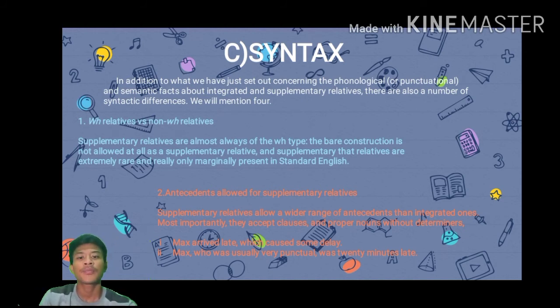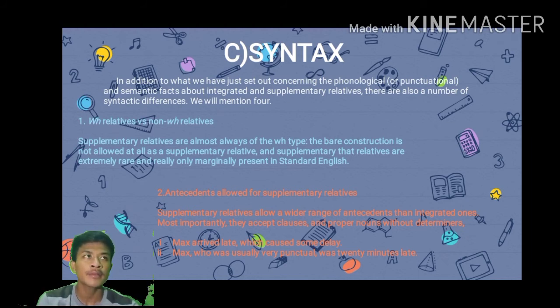In the first example, the antecedent of which is the preceding clause. In our representation, which shows some delight. The which is interpreted as Max arriving late.